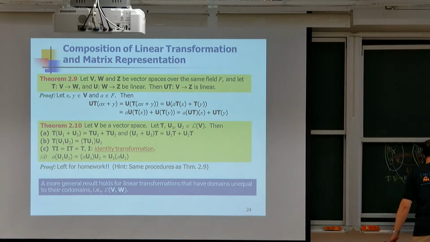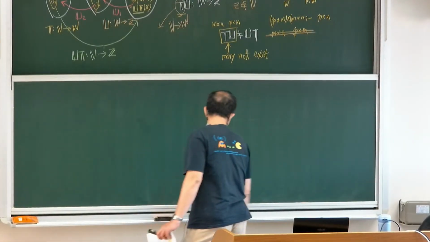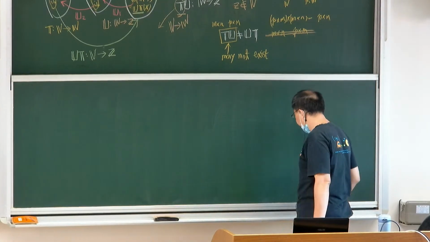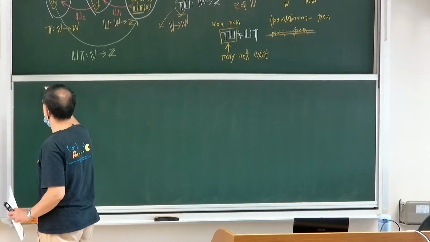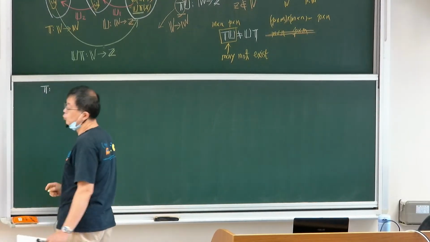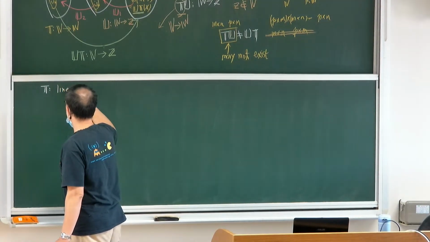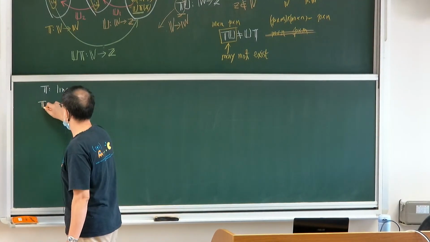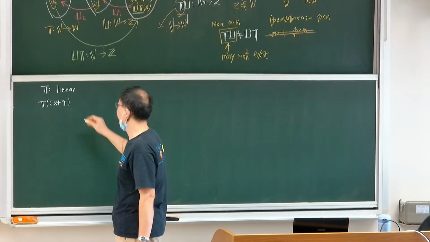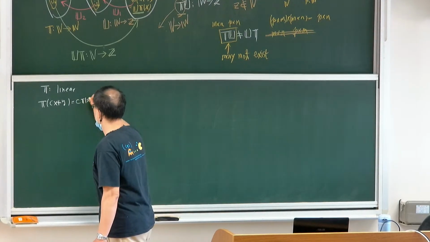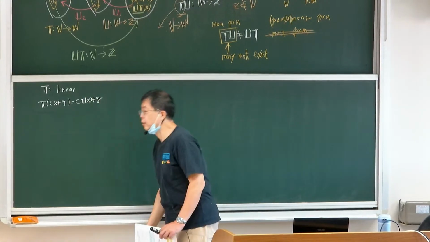Whenever we want to prove that a transformation is linear, we have to do the following. If I want to prove T is linear, then what do we need to do? We need to show T(cx + y) equals cT(x) + T(y). If this statement is true, then T is linear.